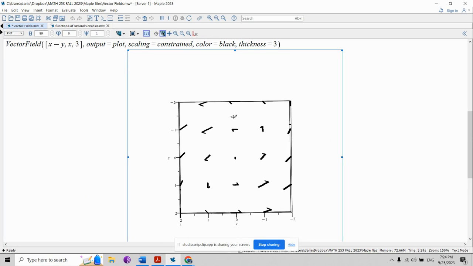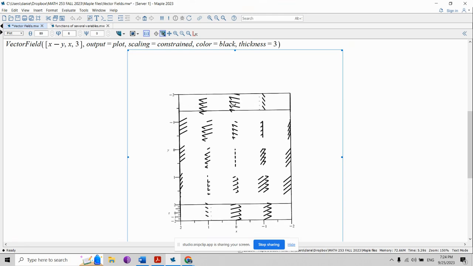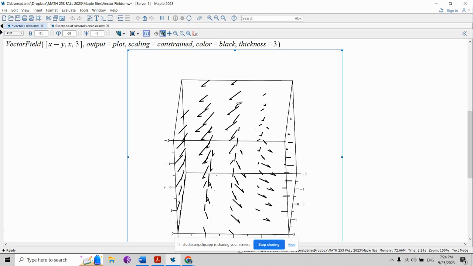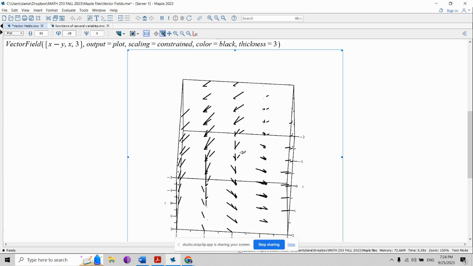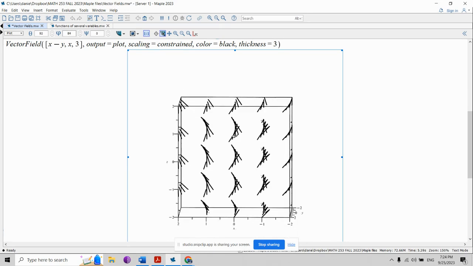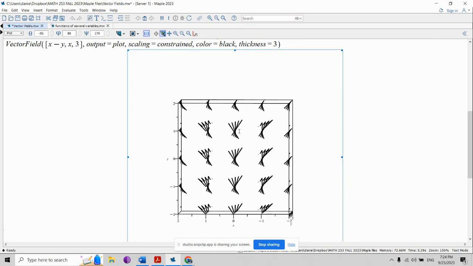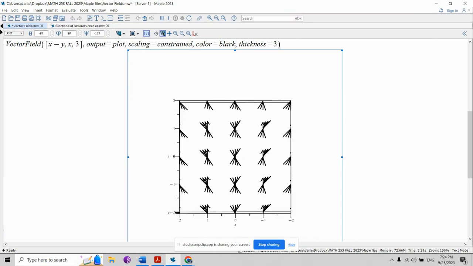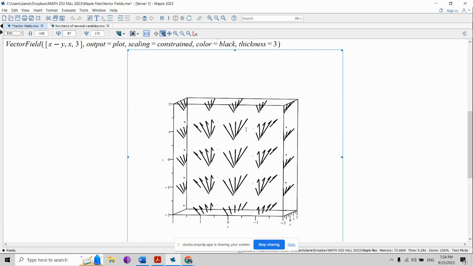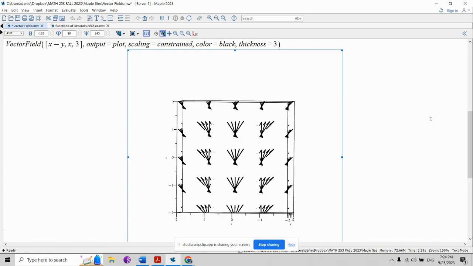They become larger for various combinations of x and y. But what all of them have in common is the third component, which is 3, so they're all up by 3 units. I'm not sure if it's easy to see, but that's the idea.